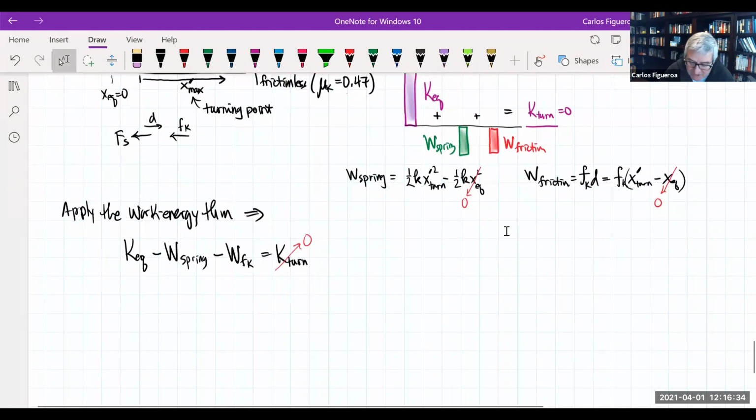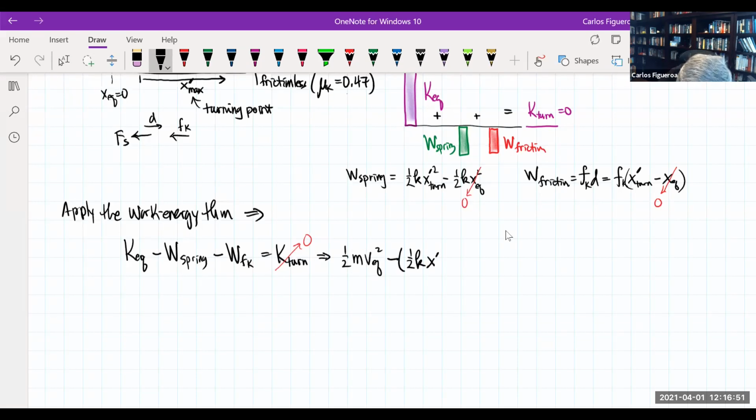So now I'm going to write my equation. This tells me that this should be 1/2 m v equilibrium squared. Then for my spring term, I'm going to get minus 1/2 k x prime squared for the new turning point, plus 0.